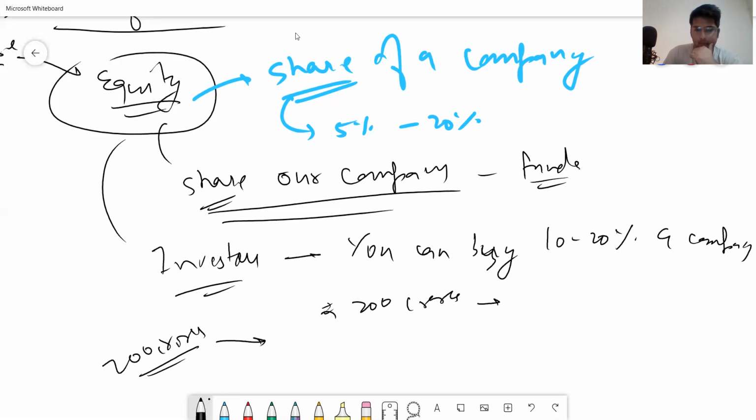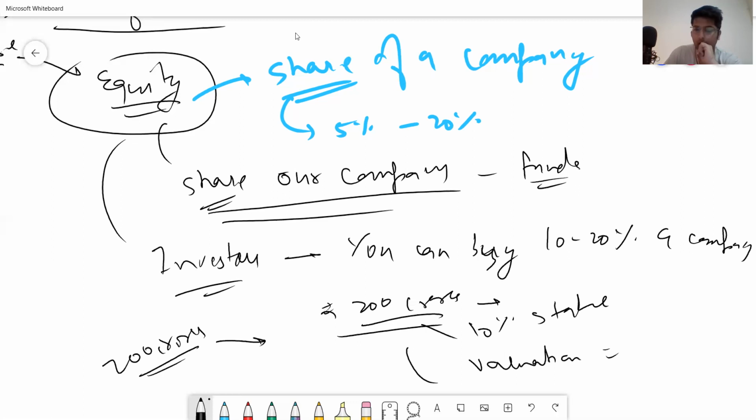So let's say if this is worth 200 crores and this is a 10% stake. Now, what is the value of the company? If 10% of a company is worth 200 crores, the actual valuation of the company is 2000 crores.